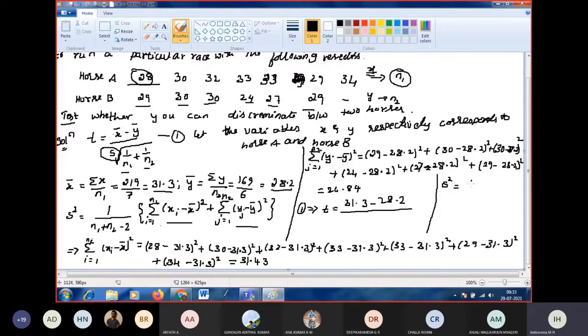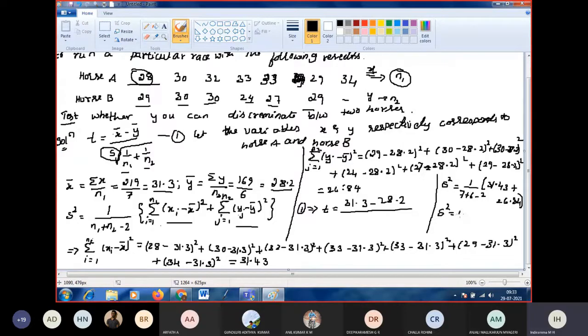S square is 1 by n1 plus n2 minus 2, where n1 is 7 and n2 is 6, into summation i from 1 to n1 of xi minus x bar whole square, that is 31.43, plus summation j from 1 to n2 of yj minus y bar whole square, that is we got it as 26.84.